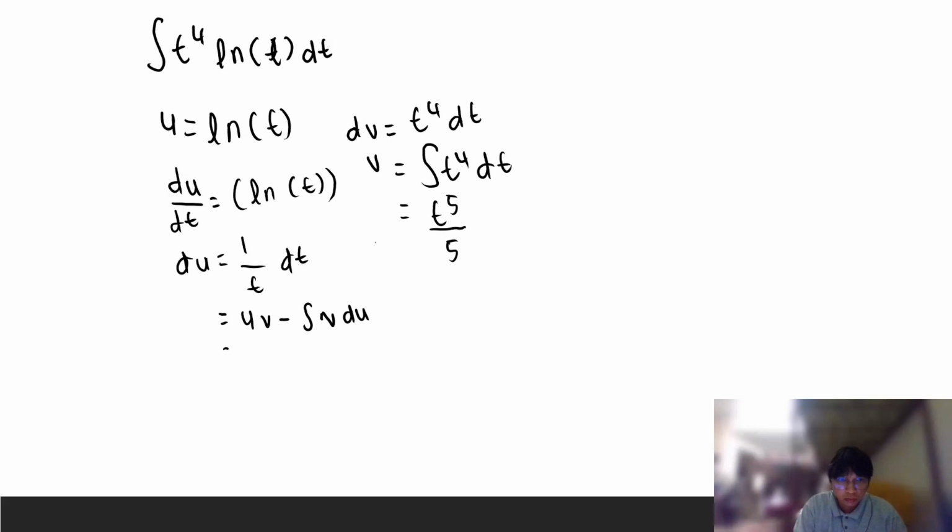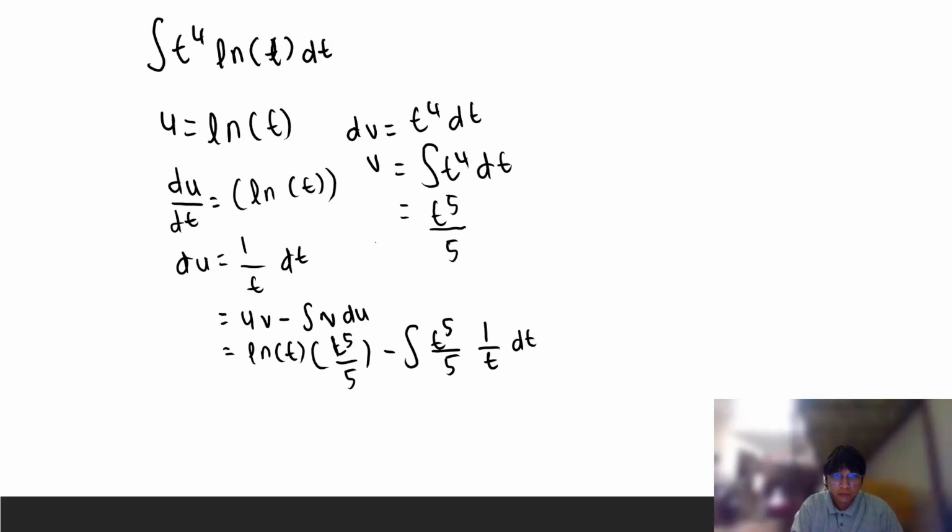So we know u is ln t and v is t to the power of 5 over 5, minus integration of v, t power of 5 over 5, and the du will be 1 over t dt. So we can cancel out the t right here and this one.